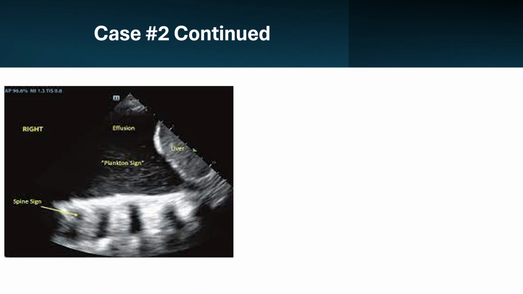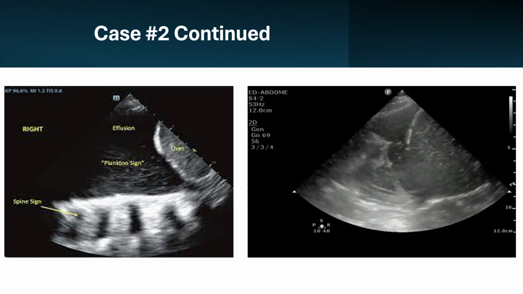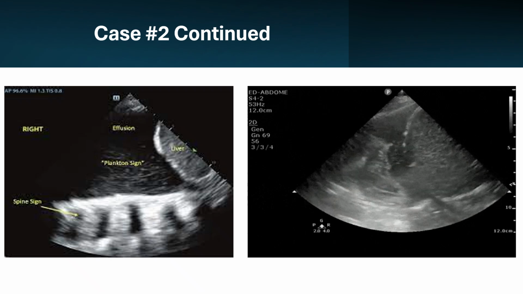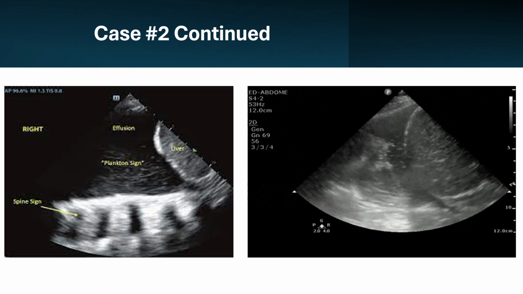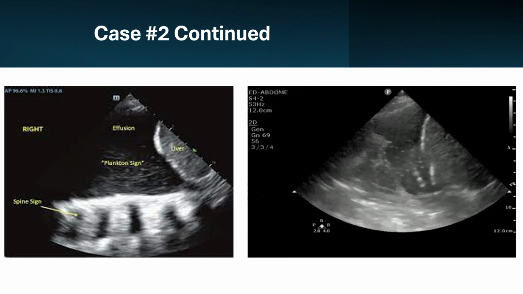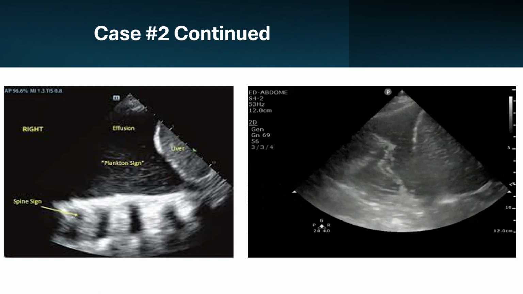Because there is pleural fluid and no lung, you see a spine sign, and you see what is labeled as the plankton sign, which is a hyperechoic complex material within the pleural space, which is suggestive of hemothorax or hemorrhagic pleural effusion. Here's a live image where you can see the same, and you see the plankton sign in action, where you see the swirling hyperechoic particles within the pleural fluid, which are suggestive of a hemothorax. Again, please take a moment to review the slide.